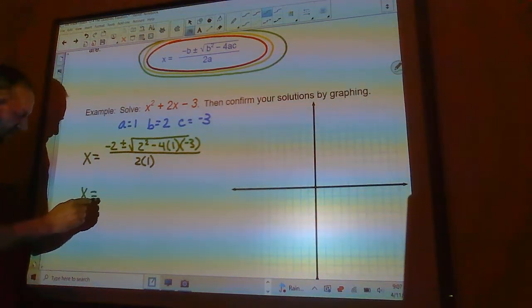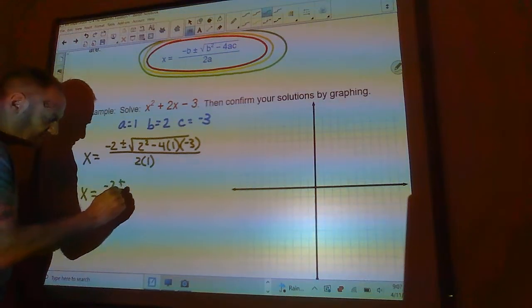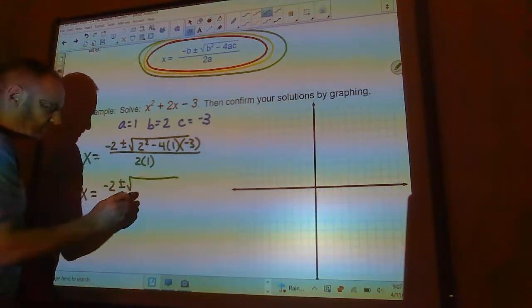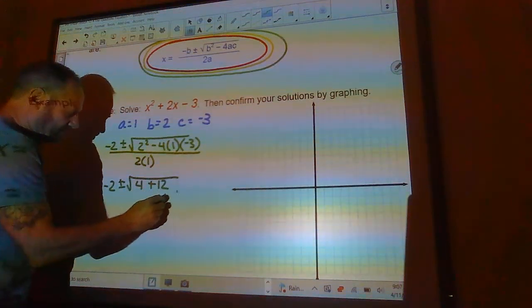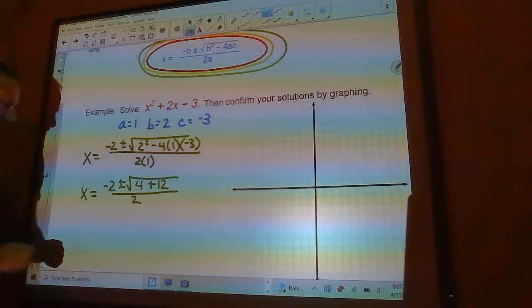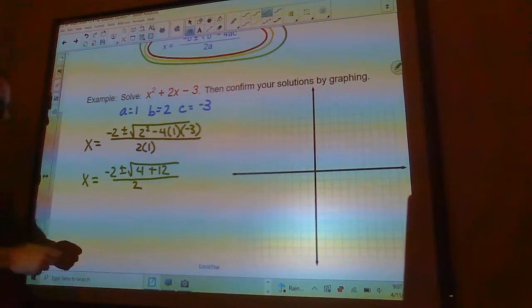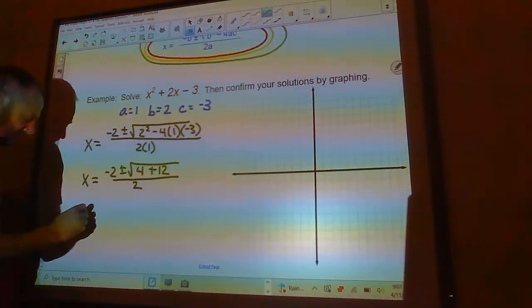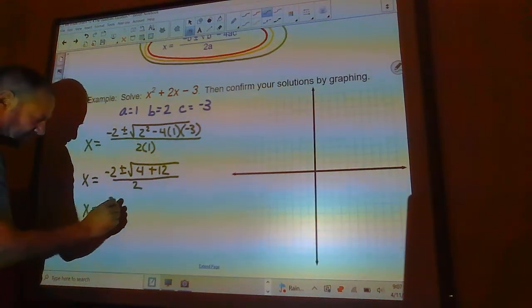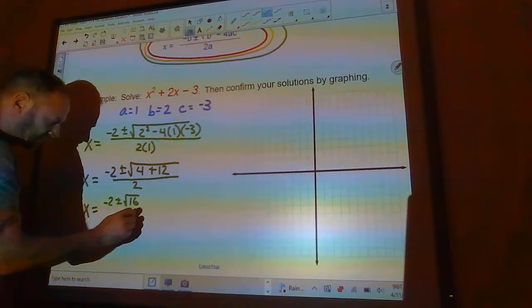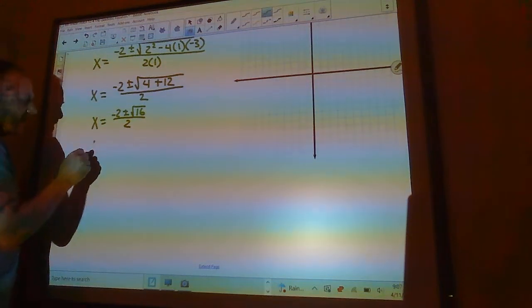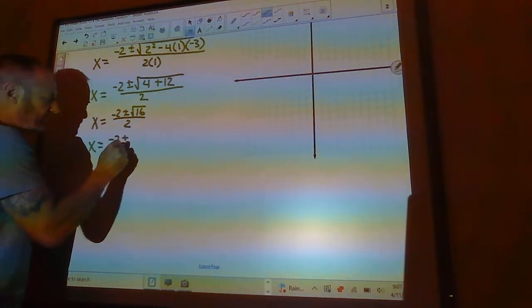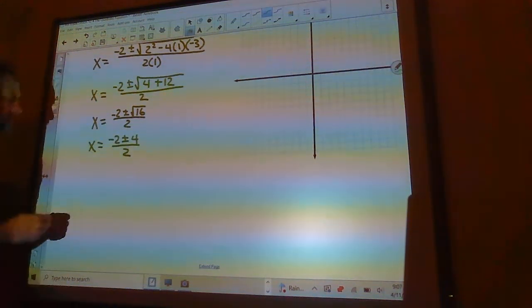So then x equals negative 2 plus or minus the square root, that's 4. That negative cancels that negative, and you get plus 12, over 2. This is 16 in here, so x equals negative 2 plus or minus the square root of 16 over 2, which is x equals negative 2 plus or minus 4 over 2.